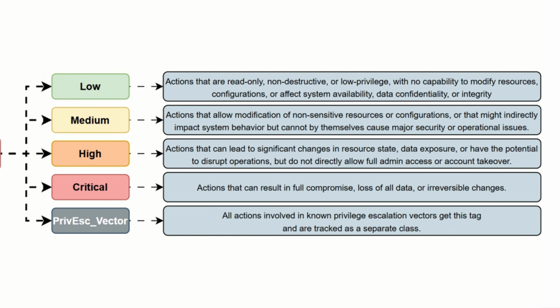Low means read-only, non-destructive actions. Medium means actions that can modify non-sensitive configs. High means actions that can majorly change states or expose data. Critical means actions that can fully compromise the system, like wiping data or allowing root-level control. Privesc means actions that directly enable privilege escalation.